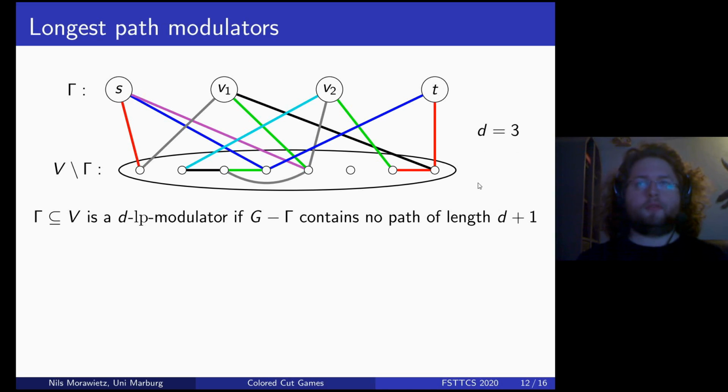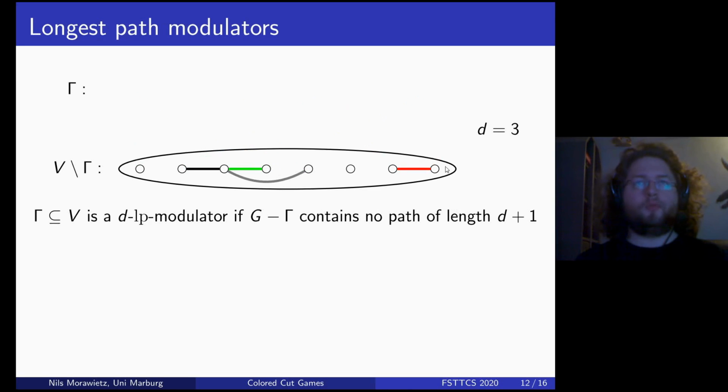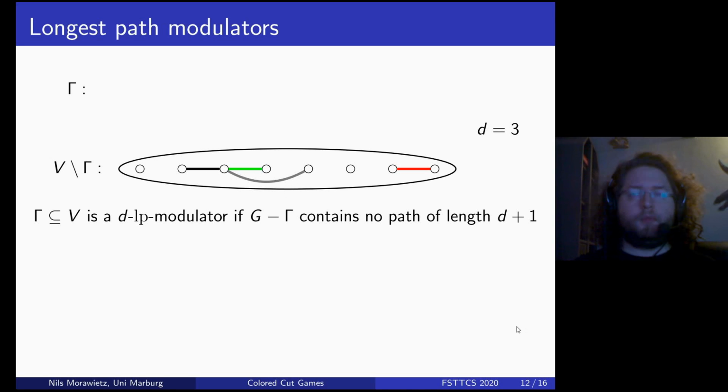We can easily see that this set is a 3-longest path modulator by just removing the vertices of Γ from the graph. Now we see there is no path of length 4 in the remaining graph, only paths of length at most 3. But note that this does not necessarily bound the size of the connected components in V minus Γ. For example, here this center vertex can have arbitrarily many other neighbors, and still this component would only have a longest path of length 3.